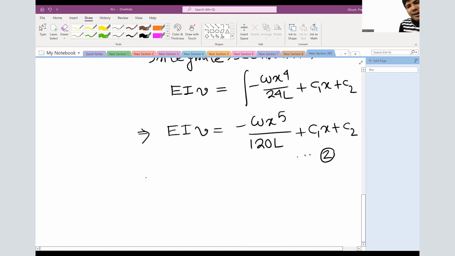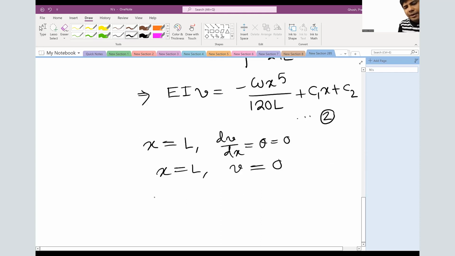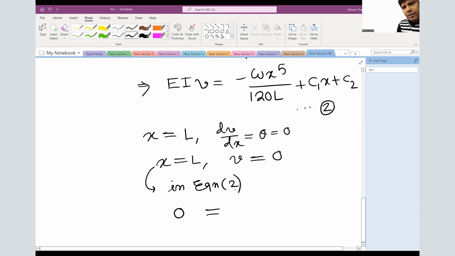Boundary condition: x equal to L, dv/dx is going to be 0, theta is going to be 0. x equal to L, v is going to be 0. So if you plug into equation 2, x equal to L, the left side is 0, so negative WL^5 over 120L.